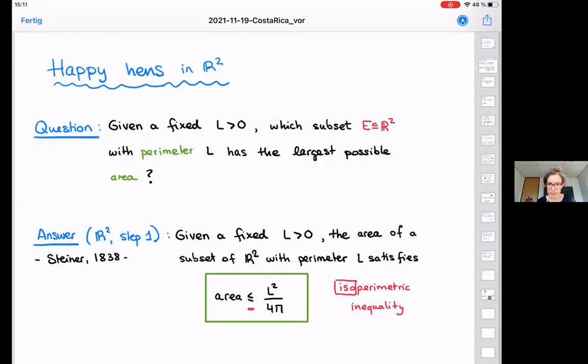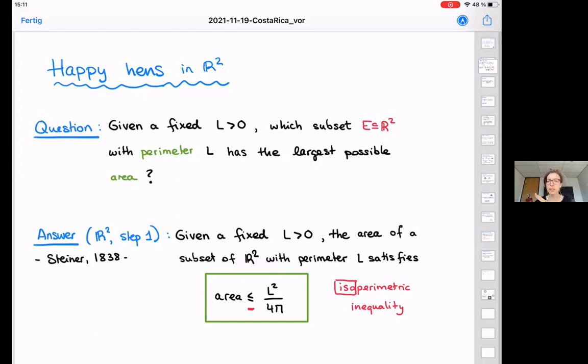Perimetric comes from perimeter, and iso means same. So we are looking at sets that have the same perimeter. And among all the sets that have the same perimeter, this inequality holds. So this inequality has some language story in it. So this is the first step, yes.